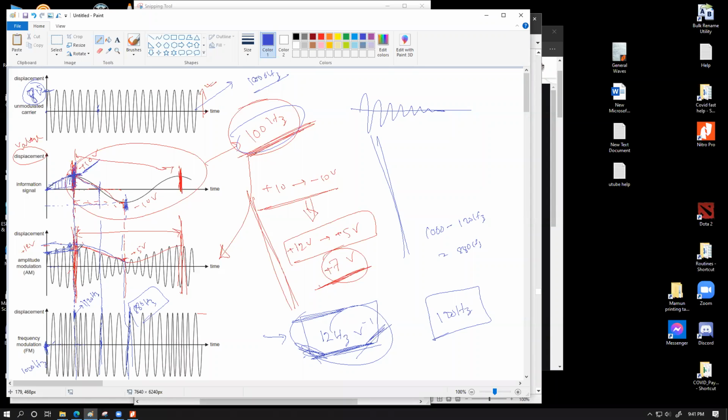And then as it decreases from 10 volts to 0, and then from 0 to minus 10 volts, you're having a total decrease all the way to +5 volts. But this total variation from +10 to -10 will never cause the modulated signal to reduce to 0. This will never happen. That's what I meant. It will become small, but the amplitude will never be 0. The signal will still be there, but with a smaller amplitude.